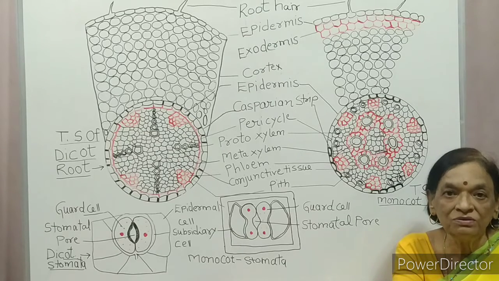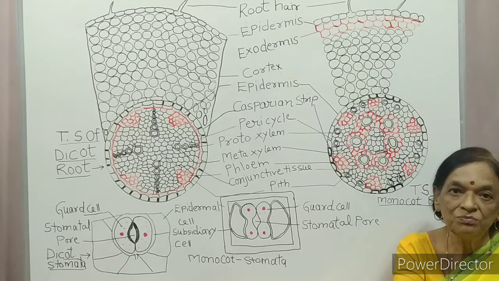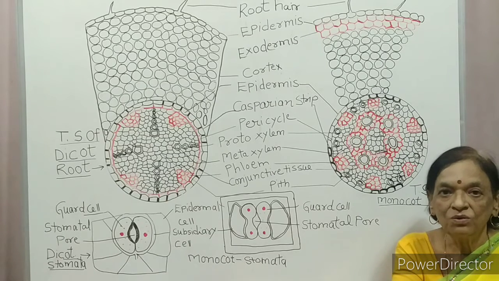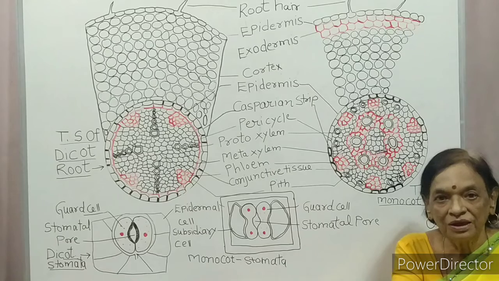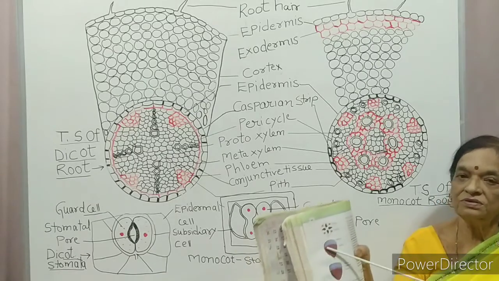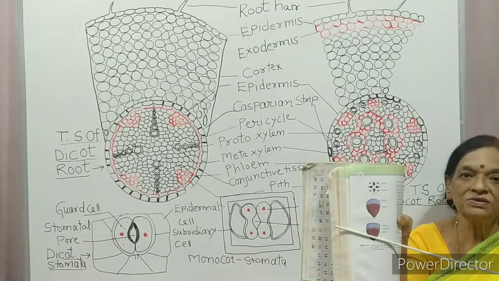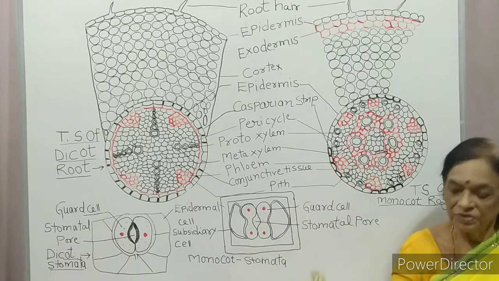So conjoint, collateral and open. Conjoint means xylem and phloem joining same radius. Collateral, phloem faces outside, and open having cambium. If no cambium is present, it is called closed. This second diagram is closed vascular bundle.